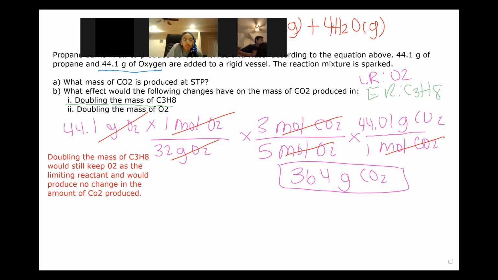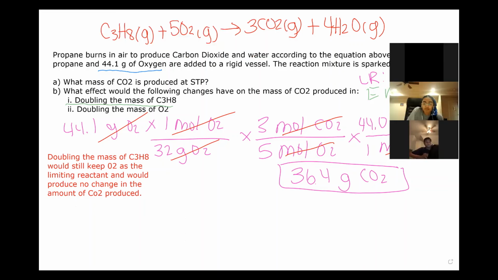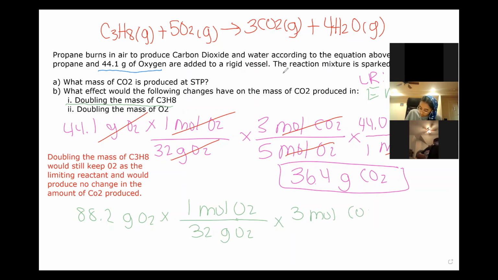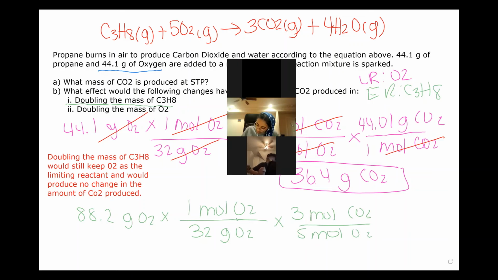So now we have to figure out what doubling the mass of O2 would do. Well, if you want, you could run that reaction. So that would be 88.2 grams of O2, times 1 mole of O2 over 32 grams of O2, times the same mole ratio, and times 44.01 grams of CO2 again, because that's the molar mass.